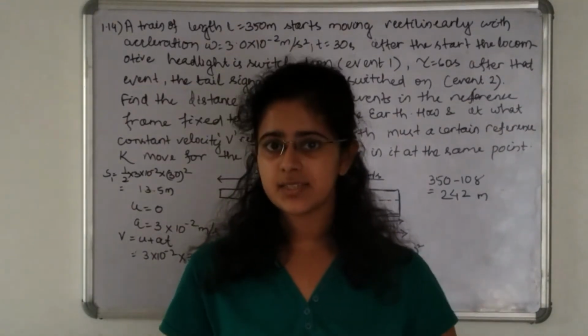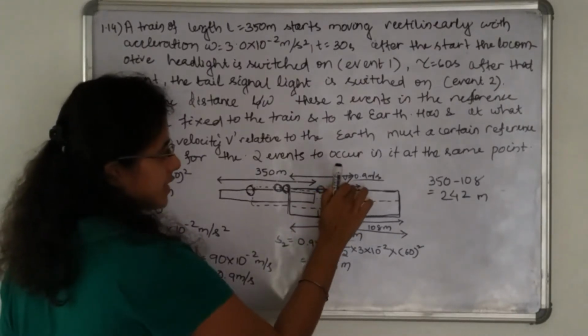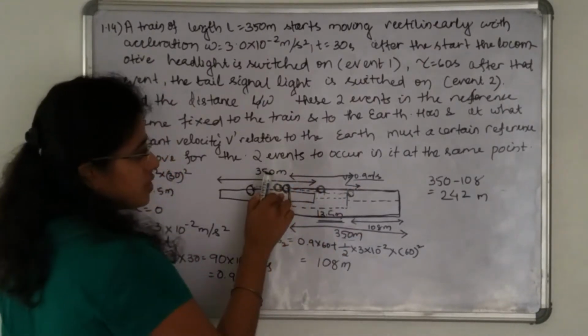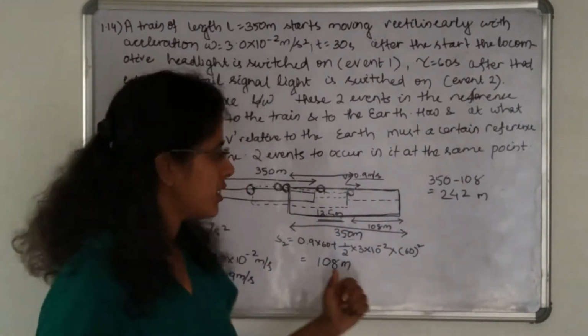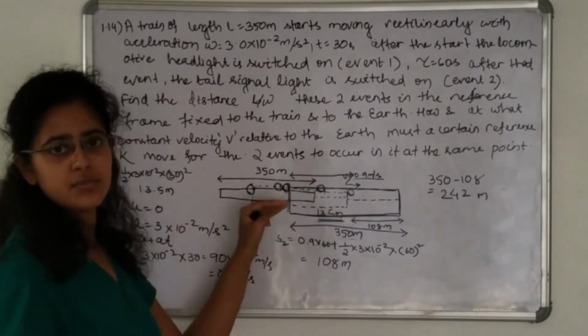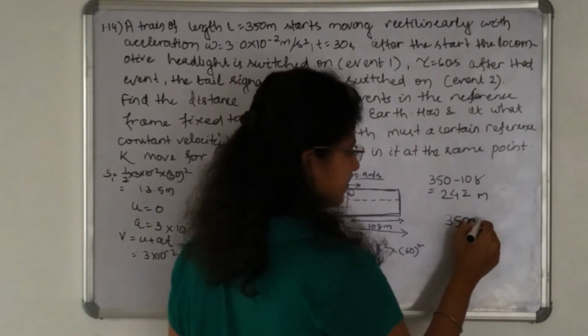It will be the train length distance. For me, I am at the same position inside the train, so the distance between these events is the train length, that is 350 meter.